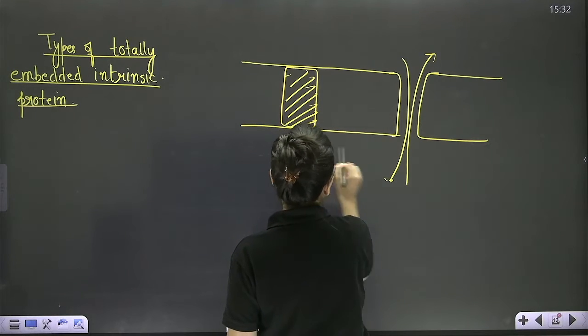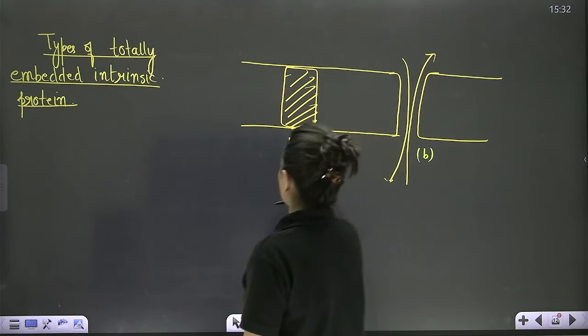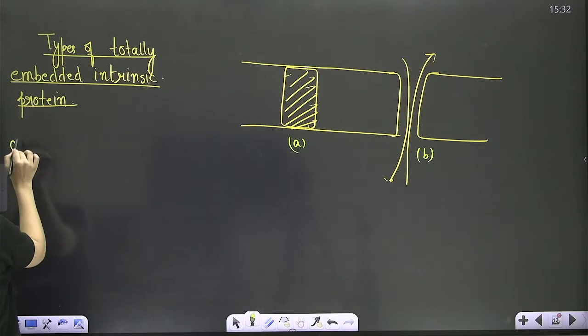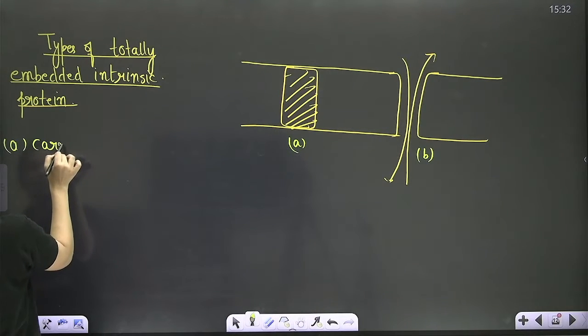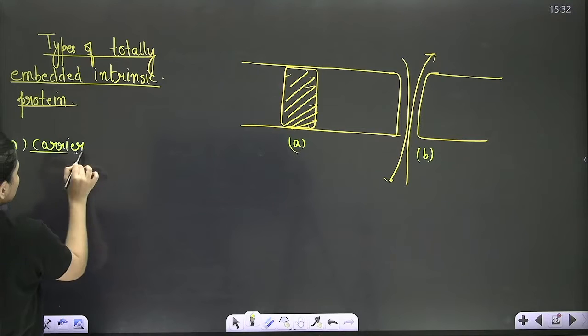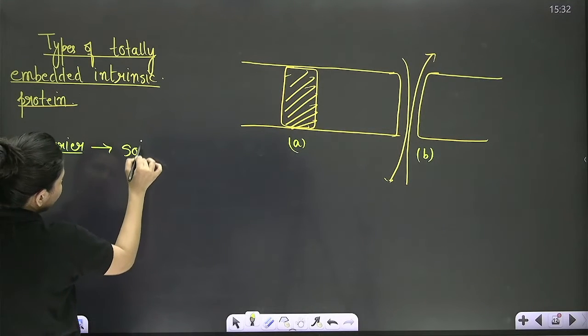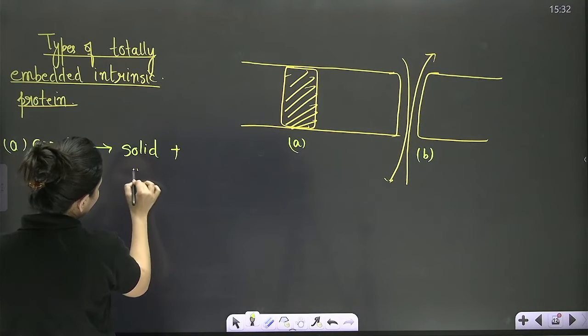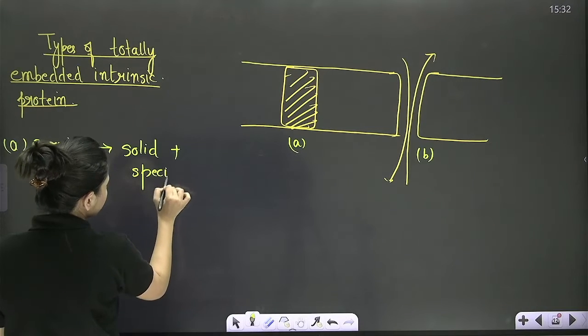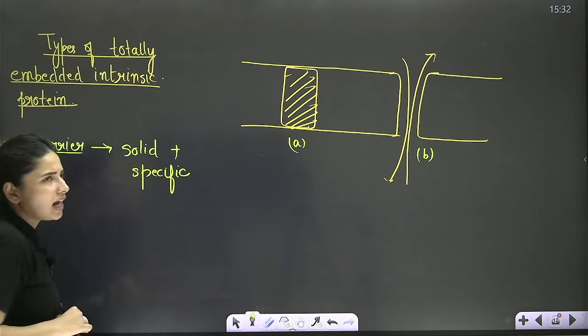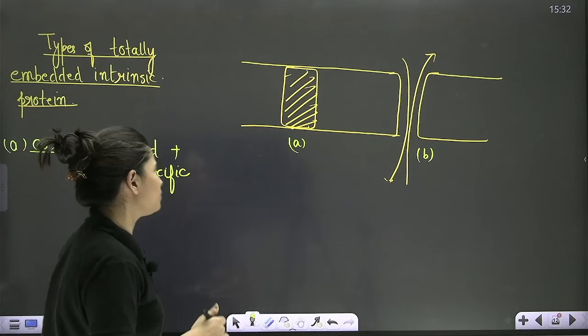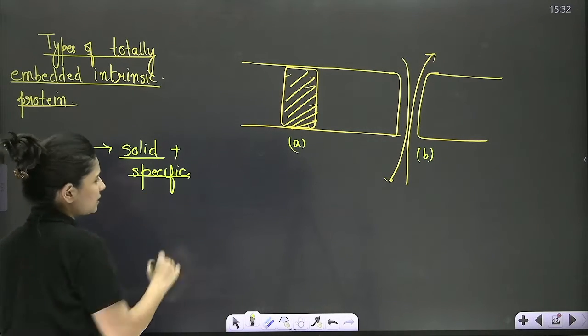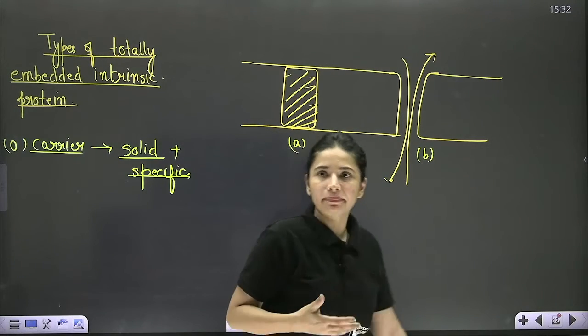A, B. Now, type A is known as carrier protein. This is actually solid from inside and it is specific in nature. Now, what is solid? What is being specific in nature? Can you elaborate a little bit for us?